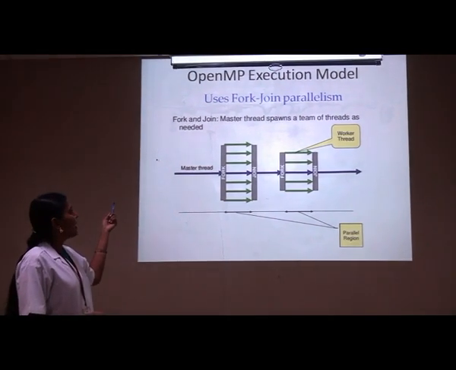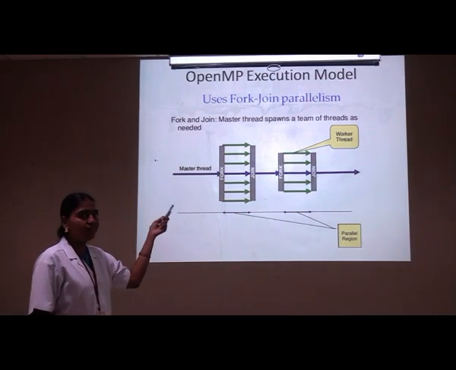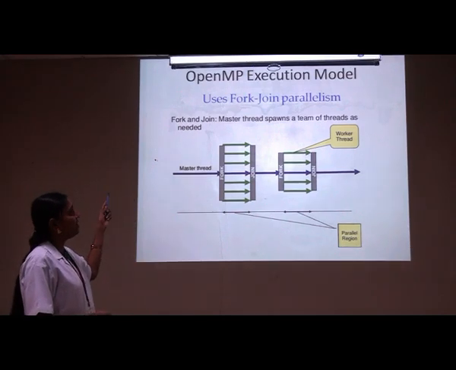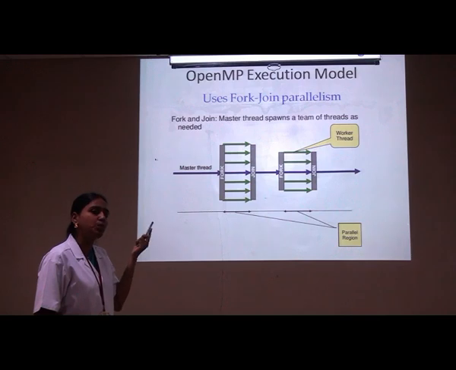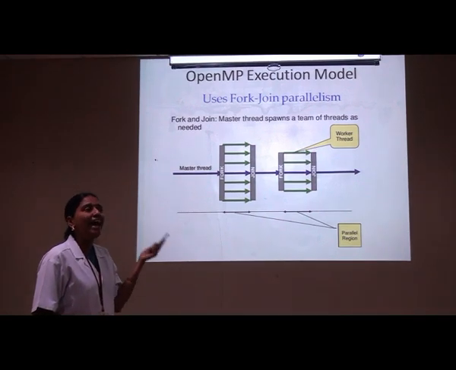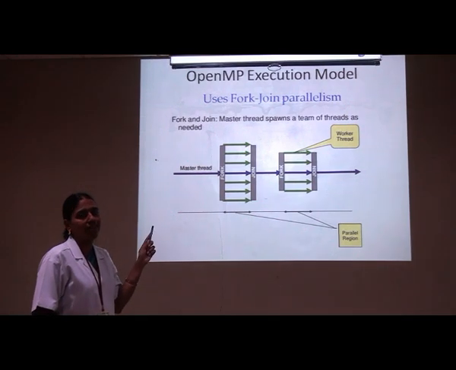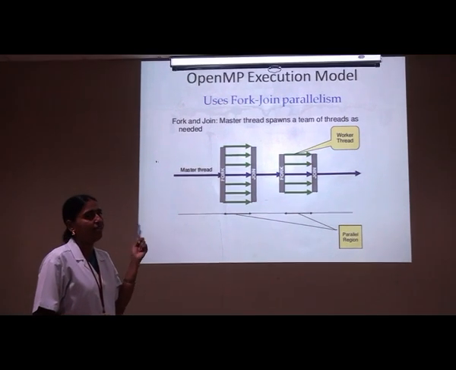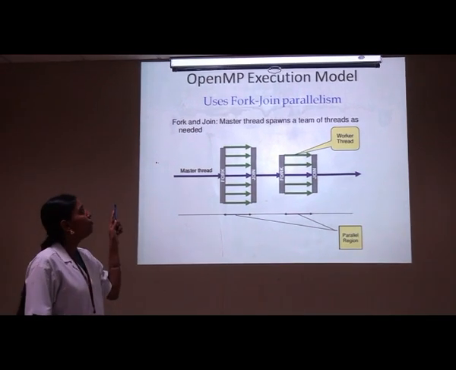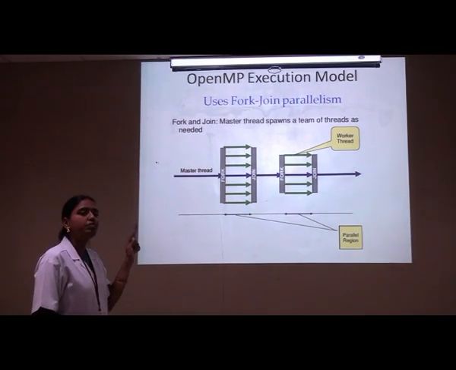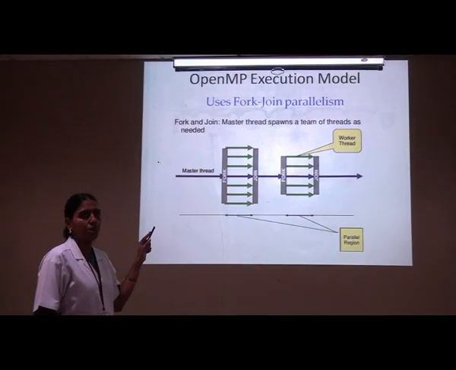We know the master thread is used to handle all the slave threads, that is worker threads. It will spawn a team of threads for a particular work and that work will be given to the slave threads. After finishing the work, the slave threads join all the outputs and return them to the master thread. This is called fork-join parallelism, and it is used in the OpenMP execution model.